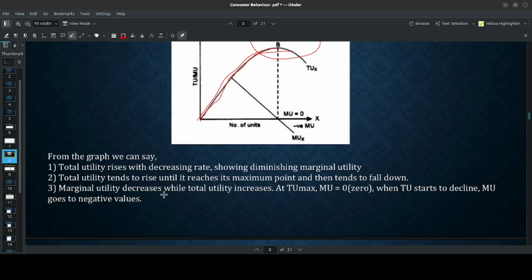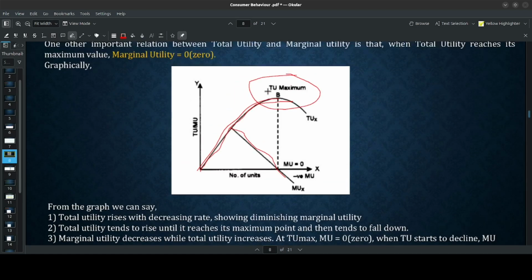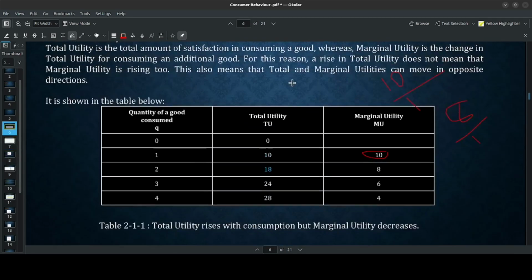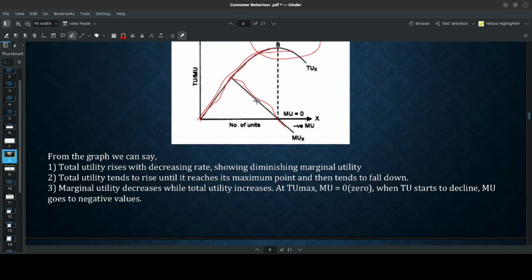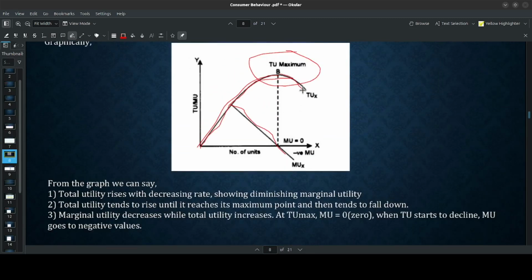Marginal utility decreases while total utility increases. When total utility is at its maximum, marginal utility is 0. When total utility is decreasing, marginal utility is negative.